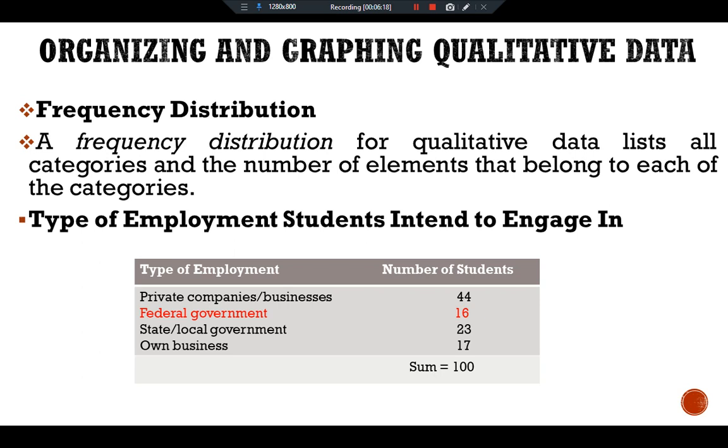The interesting thing to note is that we have different types of information in this table.